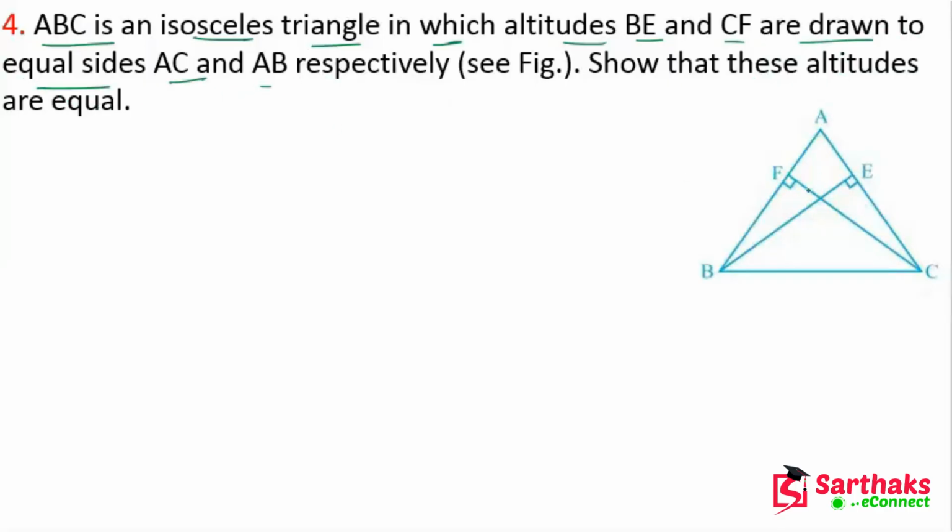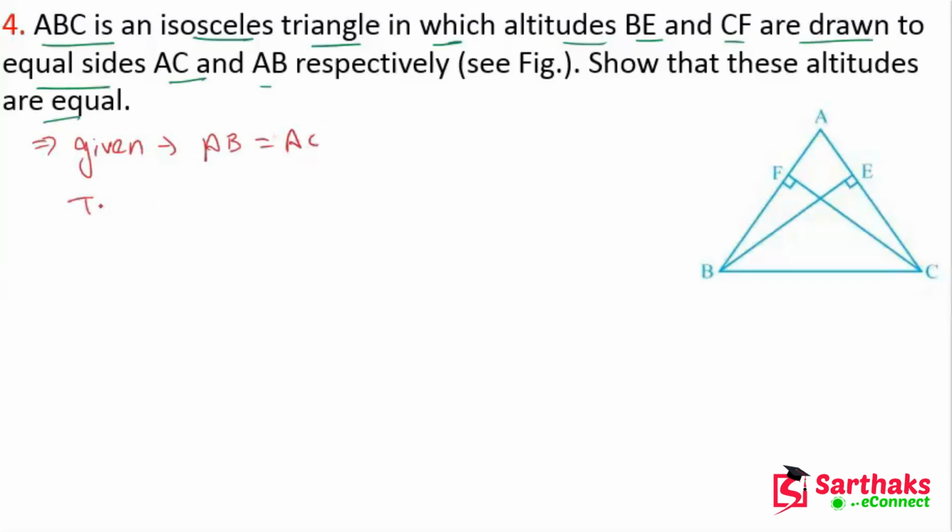Means we have drawn these altitudes on equal sides AB and AC respectively. Now we have to prove that these altitudes are equal, means we have to prove BE is equal to CF. So the given part is AB is equal to AC.